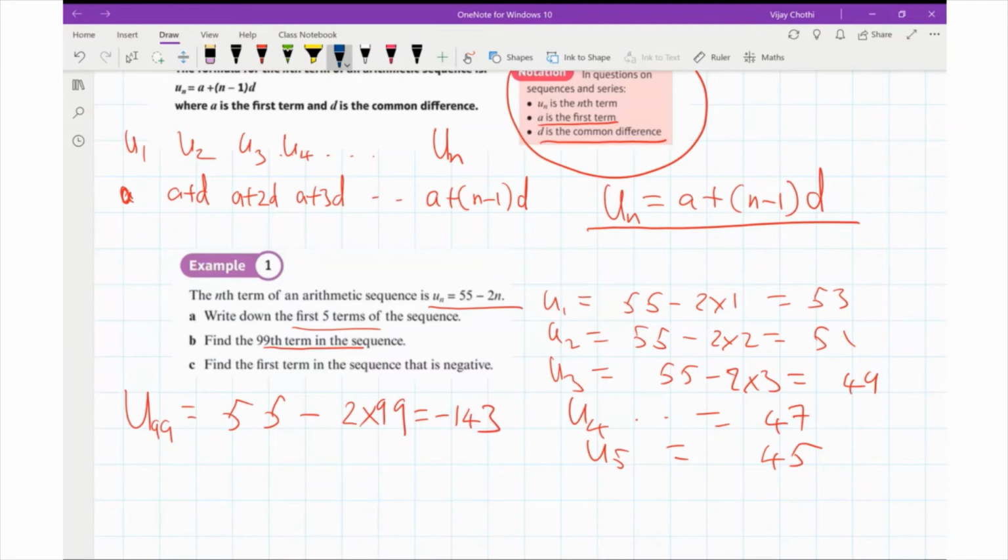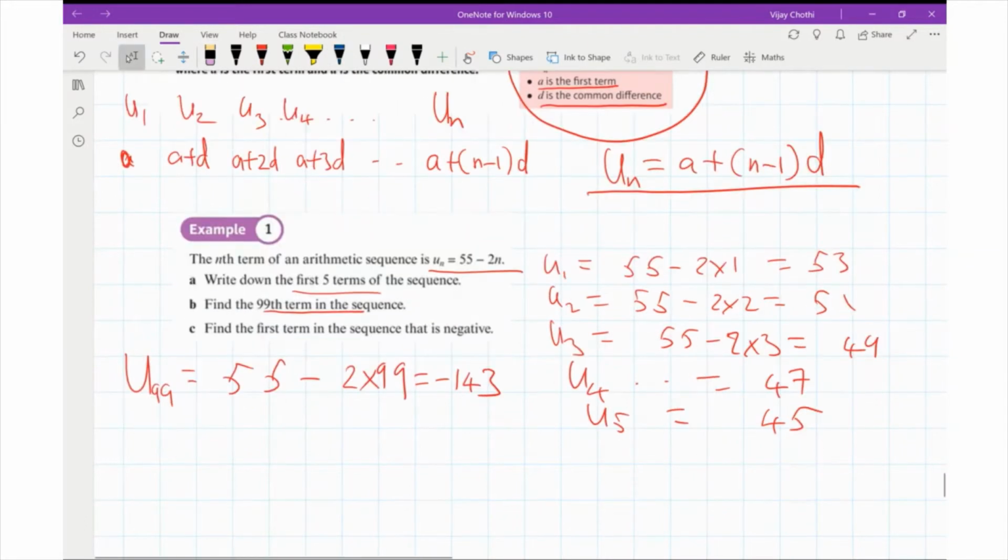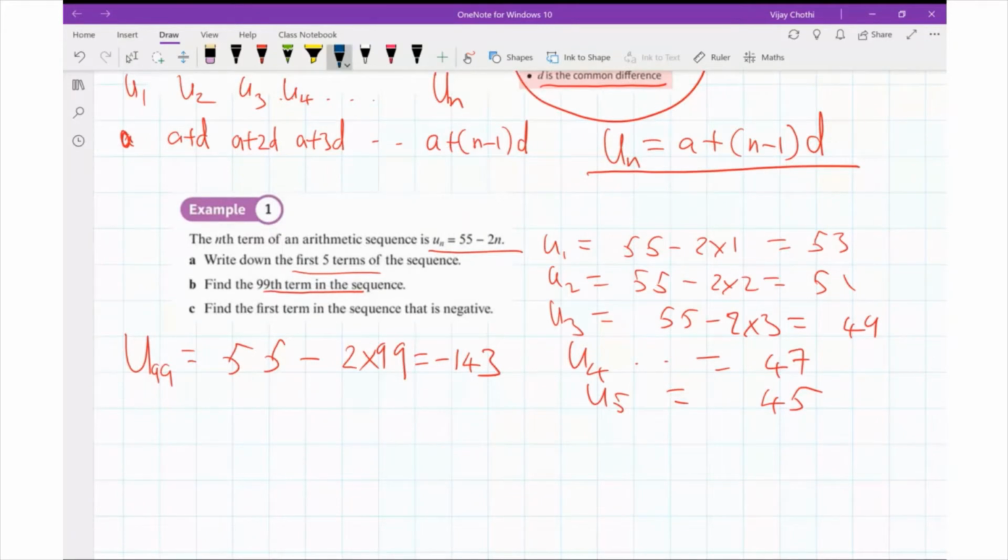Okay, part C. Find the first term for which the sequence becomes negative. Okay, so you don't want to do it by trial and error. So the sequence is going down, so you want to know when it first becomes negative. So you want to know for what value of n does the sequence become negative? So the nth term is 55 minus 2n.